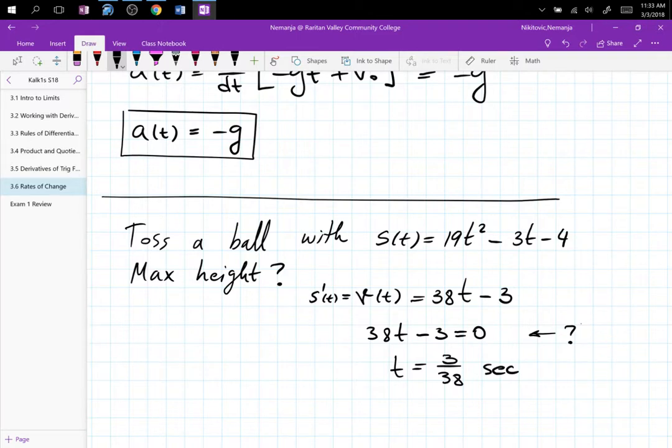It will stop and then go back. Gravity is not really pulling downwards, it's the curvature of space and time and all these things, but let's call it simply gravity pulls down. So at that highest point, the object stopped, which means velocity equals 0, so the derivative equals 0 at that point.